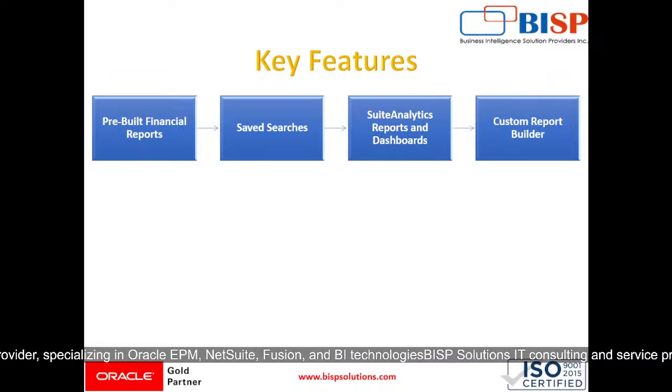Fourth is our custom report builder, which enables users to modify standard reports or create custom reports, and it provides features such as drag and drop functionality for easy report customization.